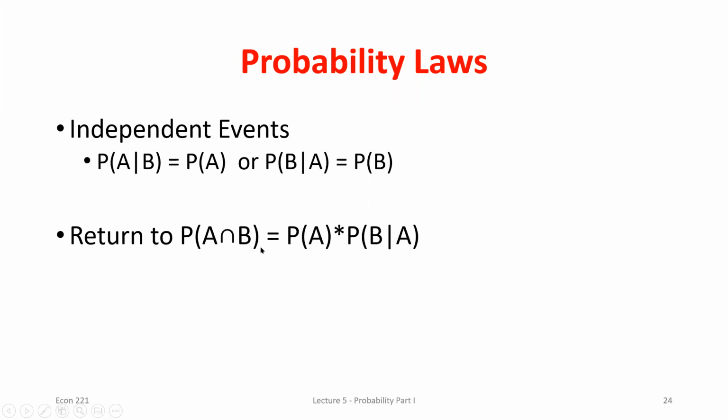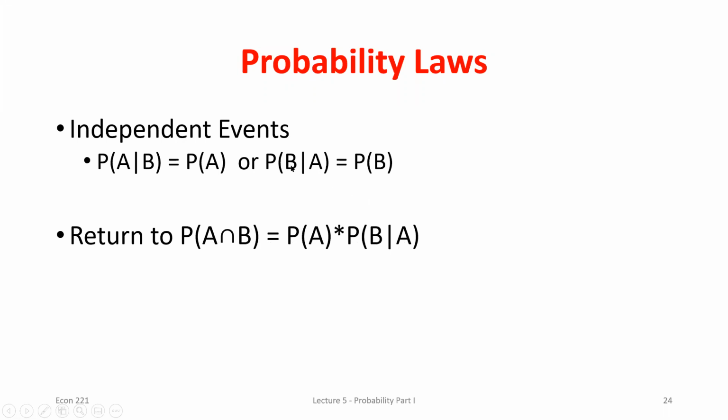So if we go back and think about our multiplication rule, we said we could rearrange the equation a little bit so that I can always find the intersection of two events by taking the conditional probability of an event and multiplying by what I'm conditioning on. However, if events are independent, what could I plug in here instead of the conditional probability of B?